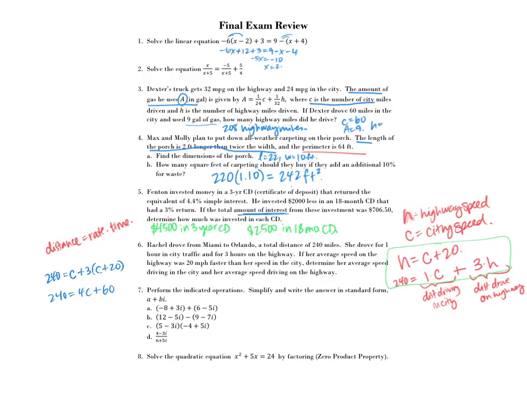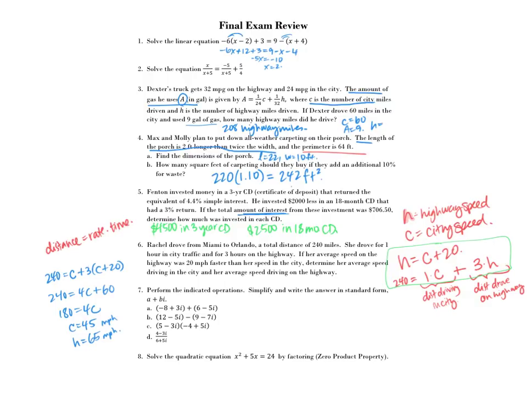I can subtract that over, get 180. So C is 45, which means that H is going to be 45 plus 20, which is 65.